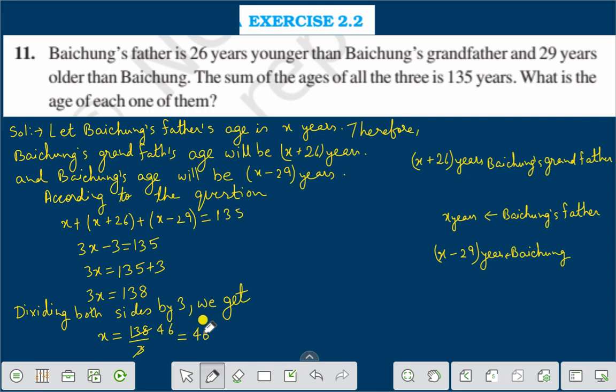Therefore, Baichung's father's age is 46 years.